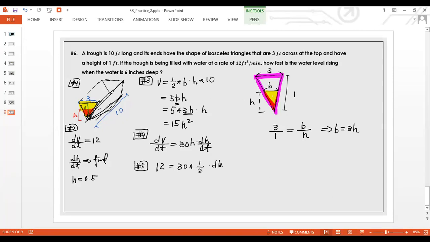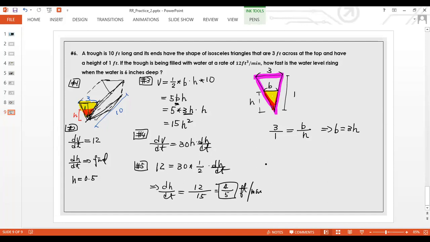I'm looking for dH/dt. So you solve it, dH/dt is 12 over 15, which is 4/5. So the water level is increasing at 4/5 feet per minute.